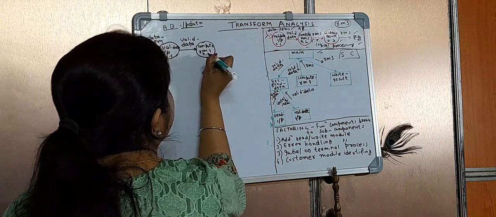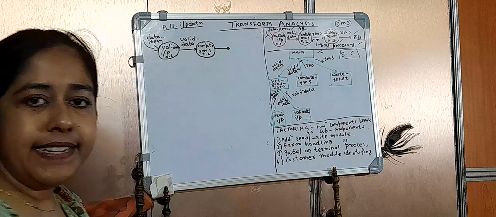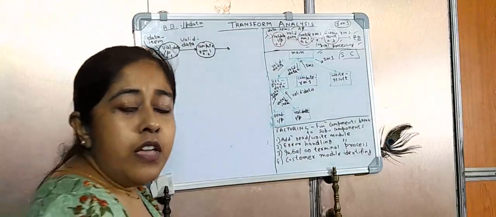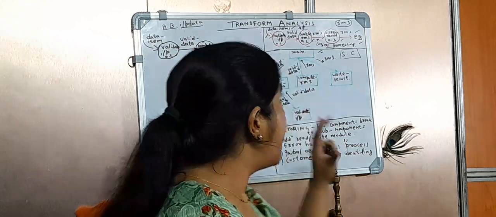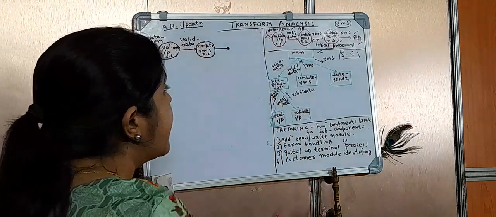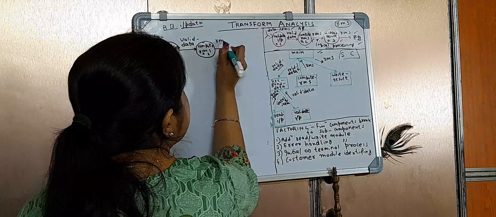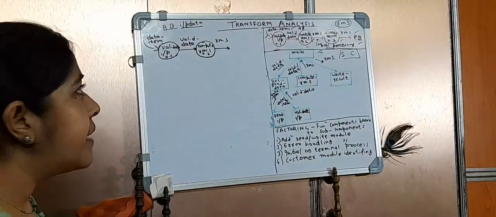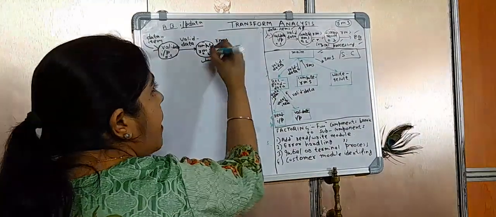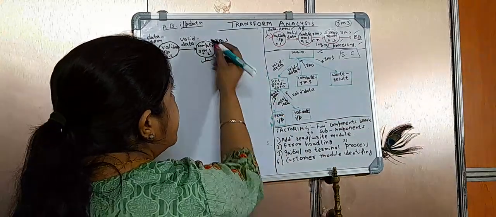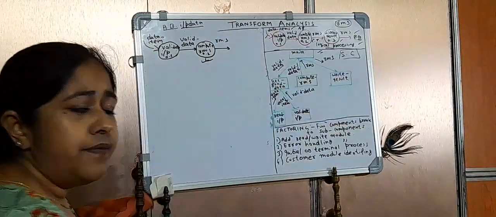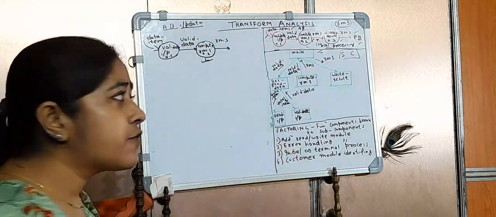Since my data is valid, now I have to compute my particular RMS. So I am computing that RMS in this case. When the RMS is computed and this calculation has been done, the RMS is going to be given to the next function.